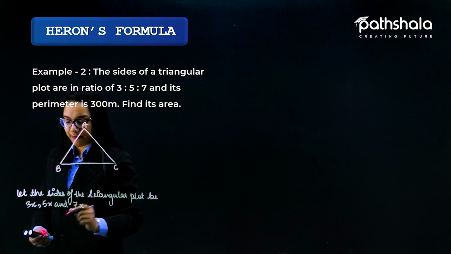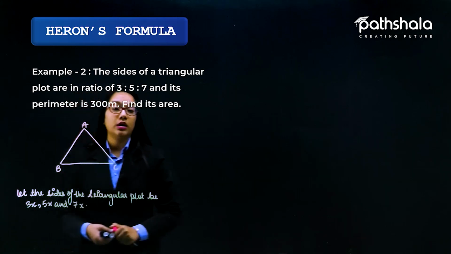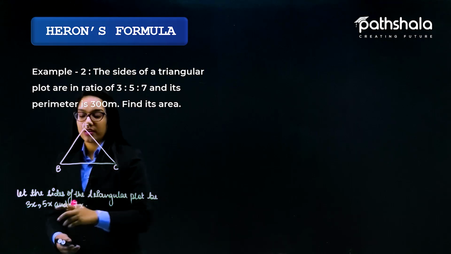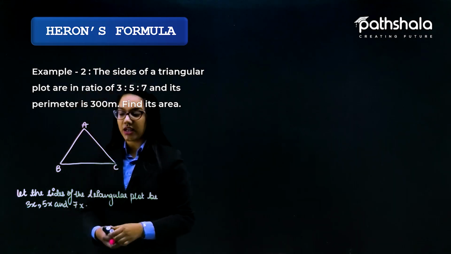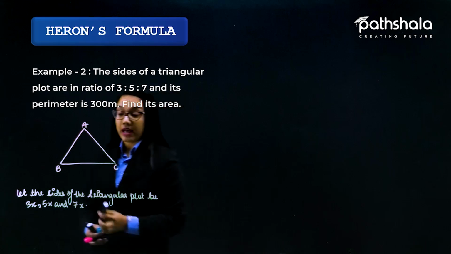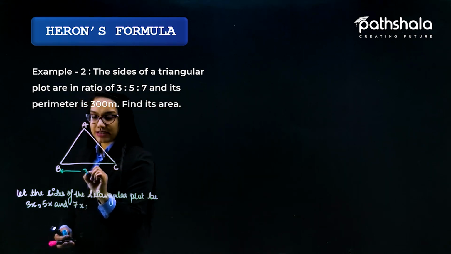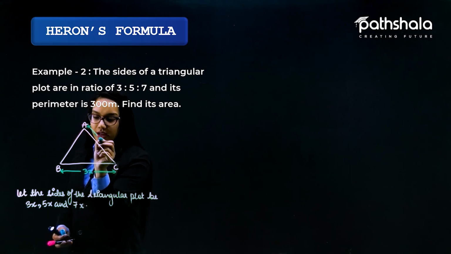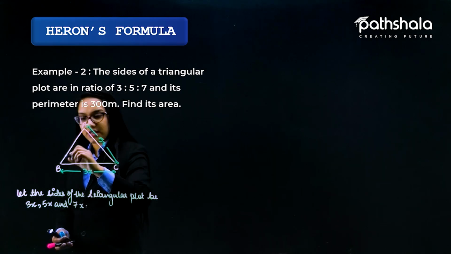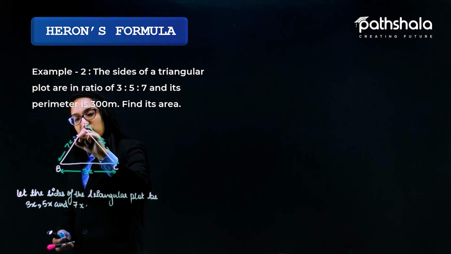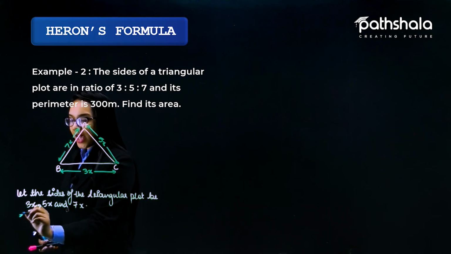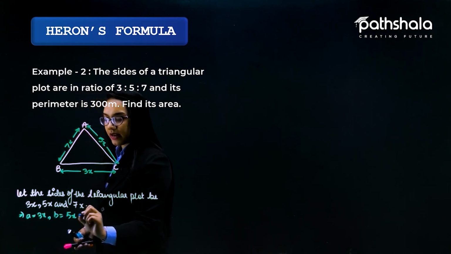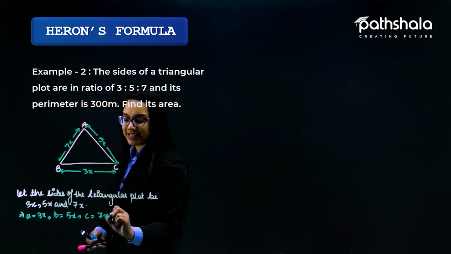Rather than taking them in ratio form, we take them in the general form. So I take A as 3x, B as 5x and C as 7x.